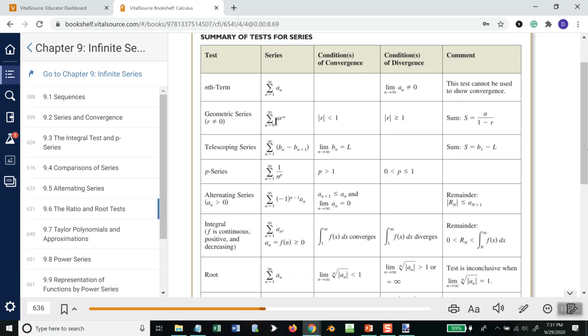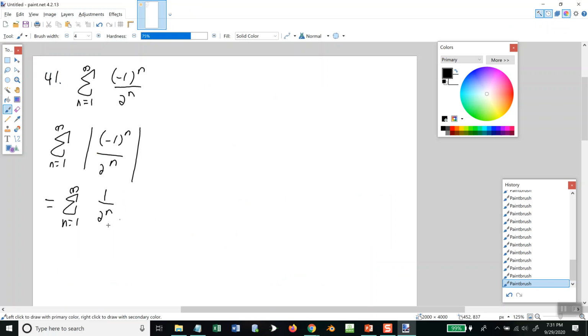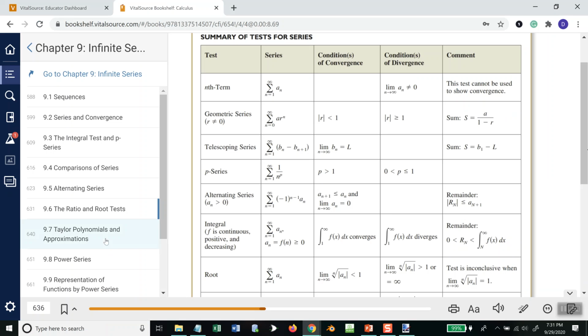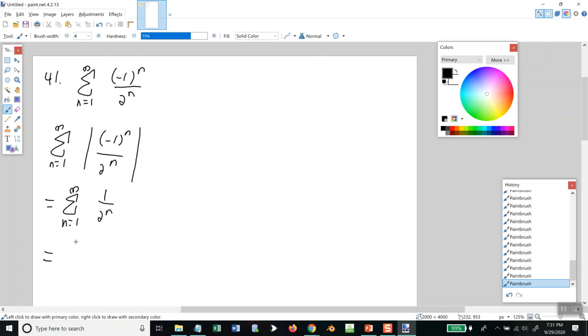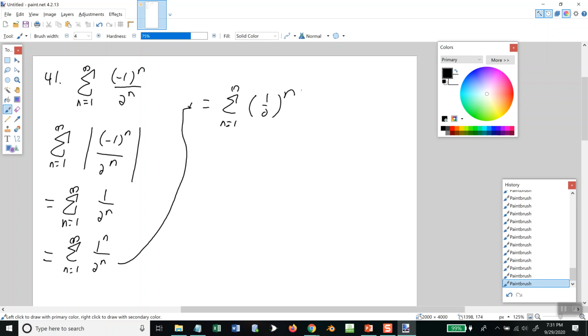Now remember the form of this. We have a r to the n power. No, you can actually rewrite the 1 as 1 to the n power. And now since the top is to the n power, the bottom is to the n power, we can rewrite this as 1/2 to the n power.